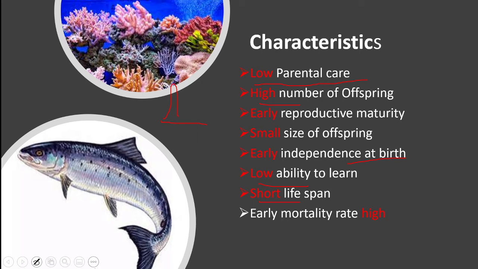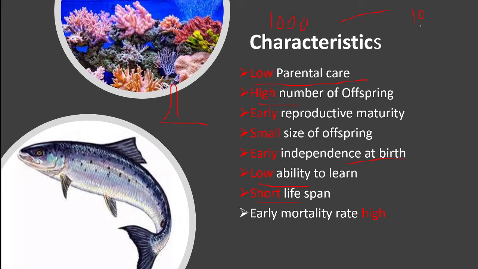And we know that the offspring which are produced are very large in number. All of the offspring rarely live to adulthood. That is the reason, say for example, if 1000 offspring are produced, out of 1000, maybe hardly 10 survive.